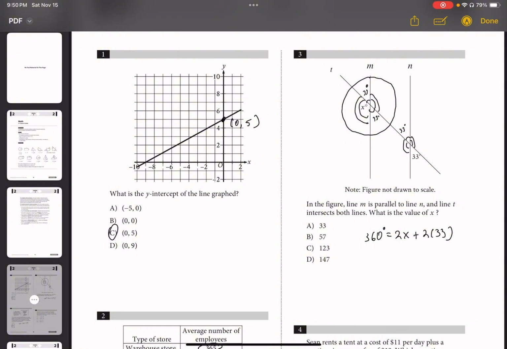So what we can do now is we have 360 minus 66 is equal to 2x. So with that, we have x is equal to 294 over 2, which is equal to 147.